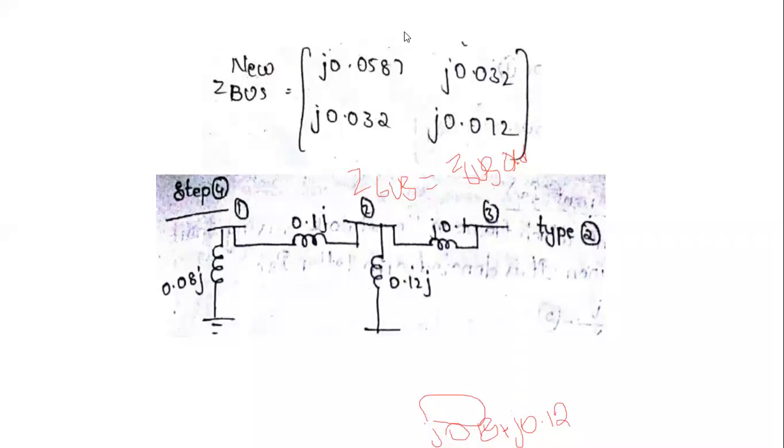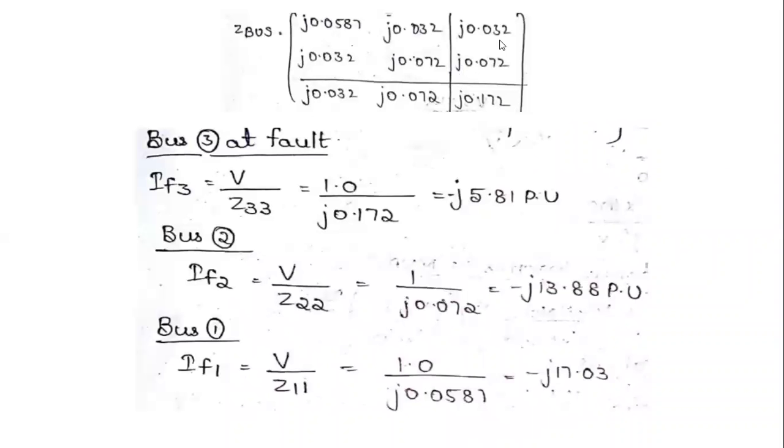What is the formula for formation of type 2 modification matrix? This is the type 2 modification. What is the formula? Z bus old, row and column, and ZJJ plus ZBR.